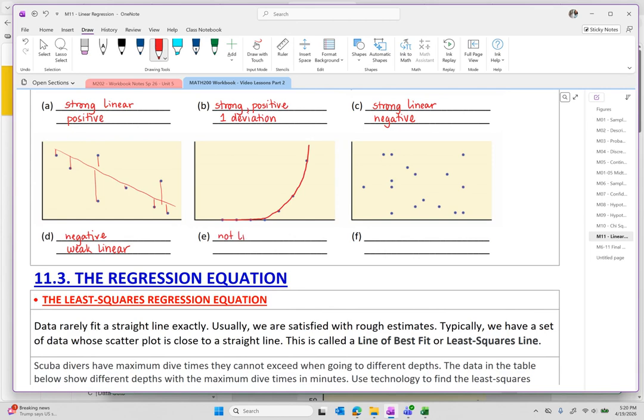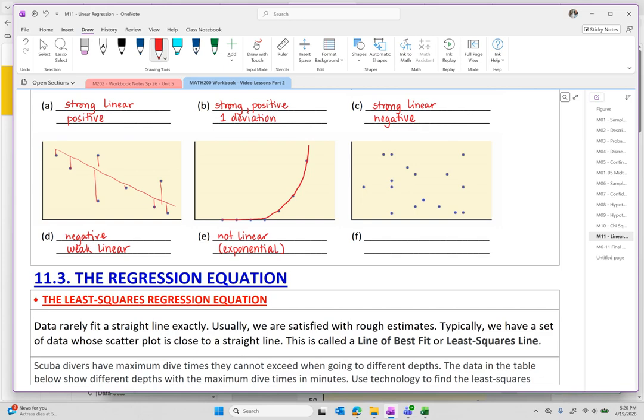It looks like there is a better model that would not be a straight line, and it looks actually like an exponential model. If you have seen the graph of exponential functions before, this looks like it could be a good exponential model, much better than any linear model.